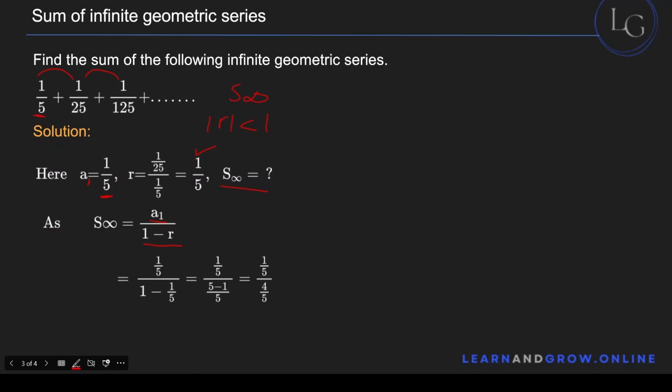So when you plug in the values, you get 1 by 4 as the answer. When you add up this series till infinity, there comes a point when the value becomes so small that it becomes negligible. So this is an approximation for the value of S infinity.